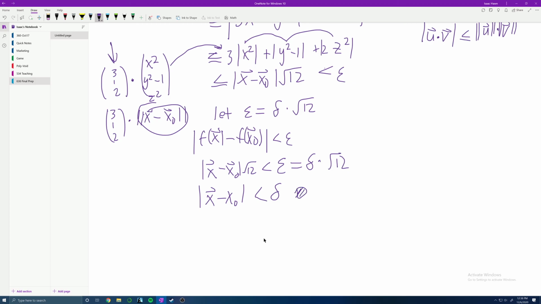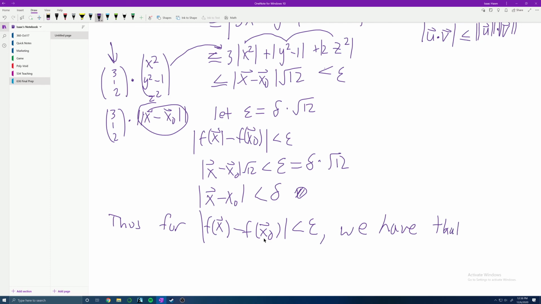So let's state everything and sum it all up here to finish this off. Thus, for f of x minus f of x naught less than epsilon, we have that x minus x naught is less than delta.